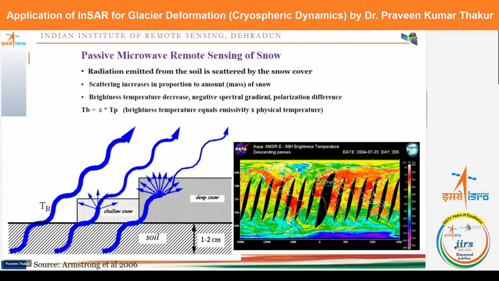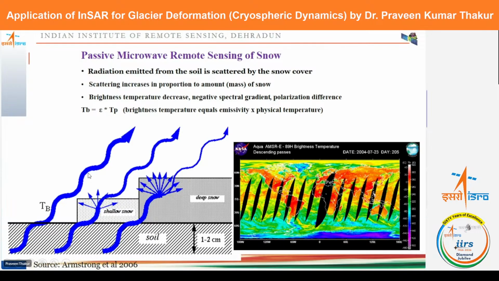So just to complete the overall perspective from the microwave, I have included 2, 3 slides on the passive microwave. Here the emitted energy is less as compared to the emitted energy from the snow-free ground. And if you have a deeper snowpack, there will be less energy, shallow snow a little higher, and highest brightness in the no snow condition.